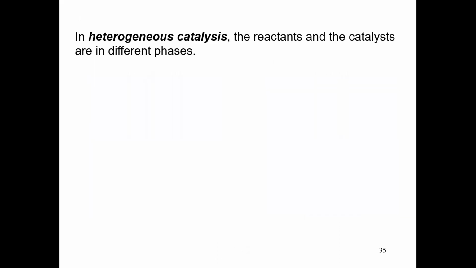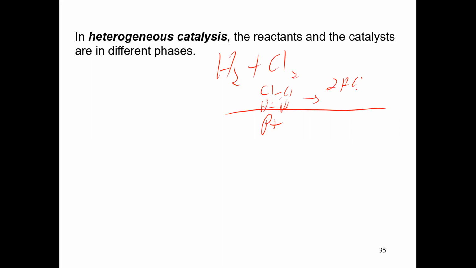Heterogeneous catalysis: the reactants and the catalyst are in different phases. An example of that could be hydrogen reacting with chlorine, and then you have a platinum surface. This would be platinum, and essentially the hydrogen will attach to the platinum. Then the chlorine could come in and orient more easily with this and form the 2HCl coming off.